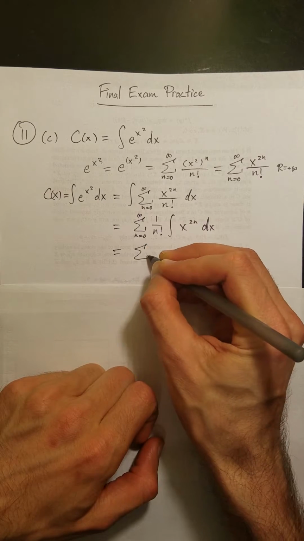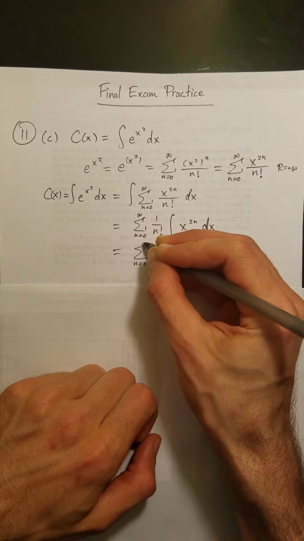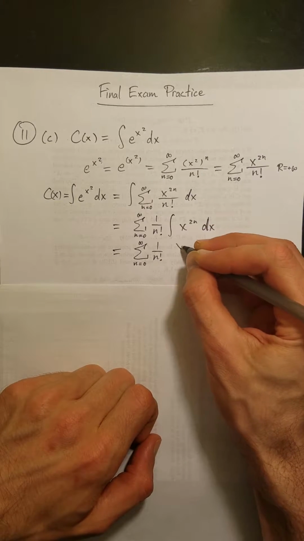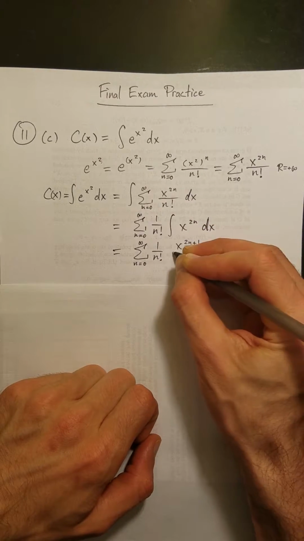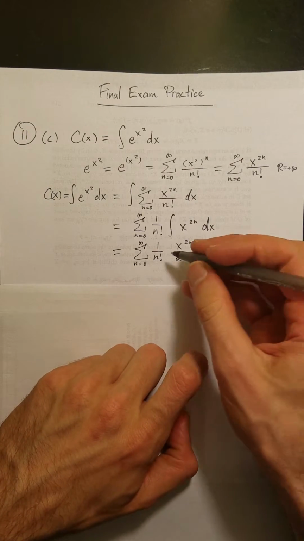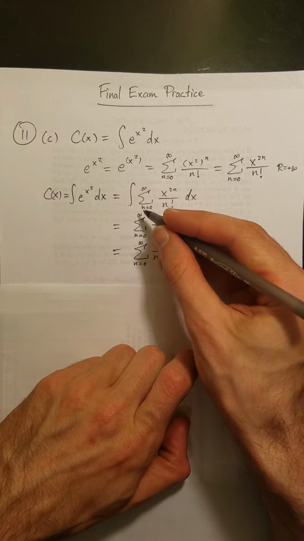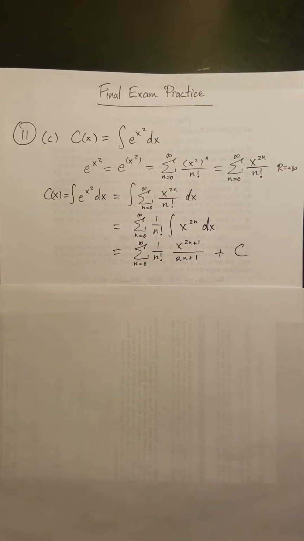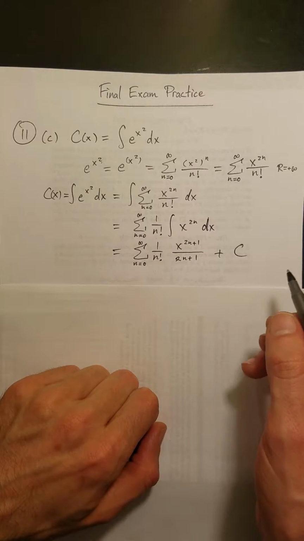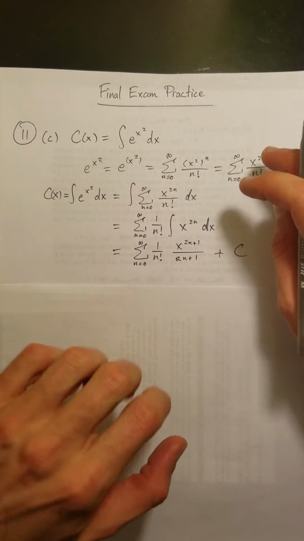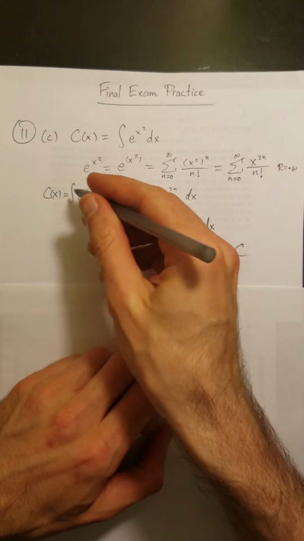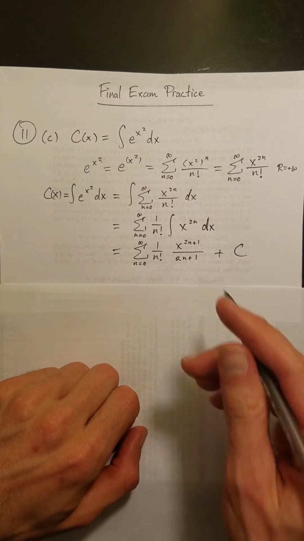So for each term, we'll get one of these. So it'll be x to the power 2n plus 1 divided by 2n plus 1. And then we have a plus c because we just took the indefinite integral. So we always get a constant from that. All right, and so here is our series for the integral of e to the x squared.